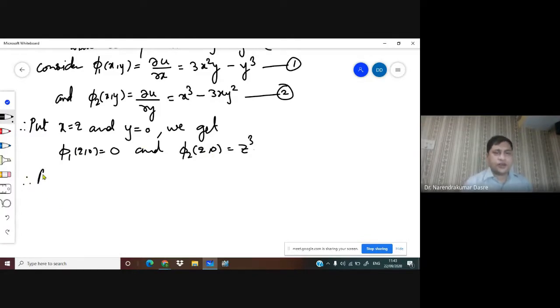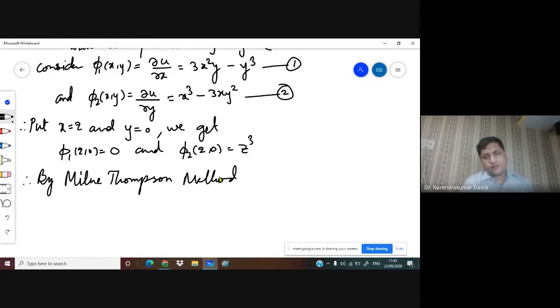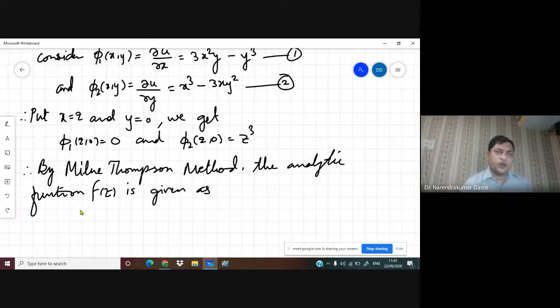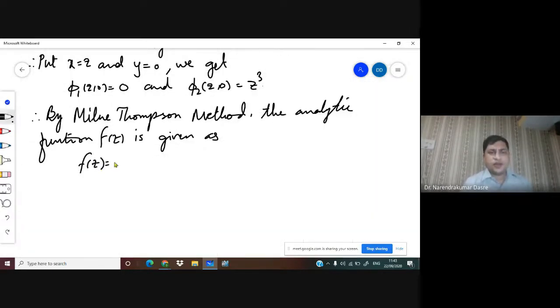So the fourth step we can apply by the Milne-Thompson method. The analytic function f of z is given as, what is the formula for f of z by the Milne-Thompson method when the real part is given?